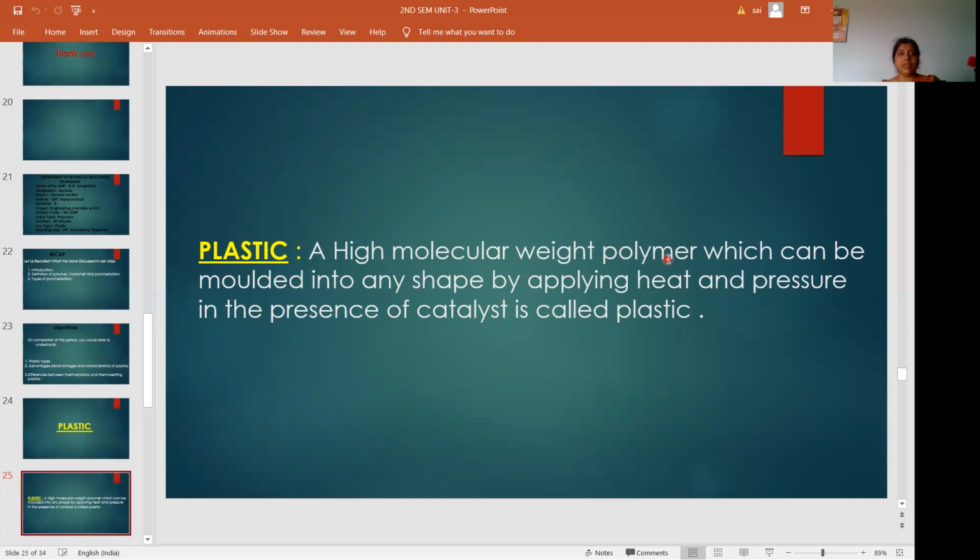This plastic is a very, very high molecular weight polymer which can be molded into any shape.